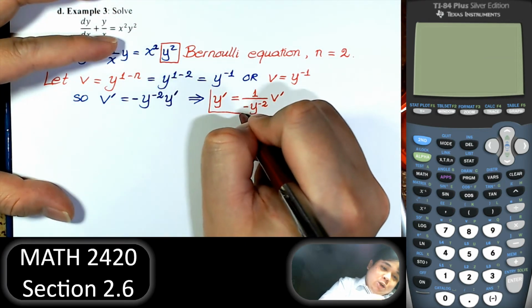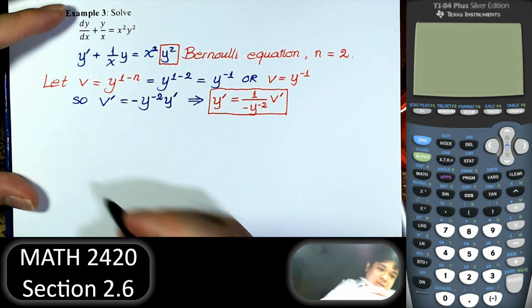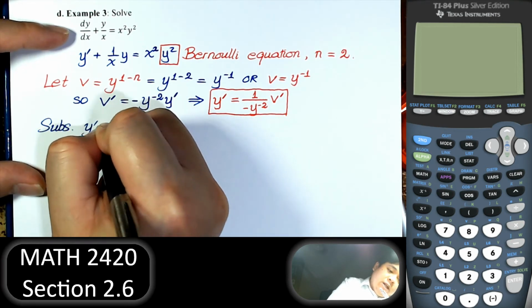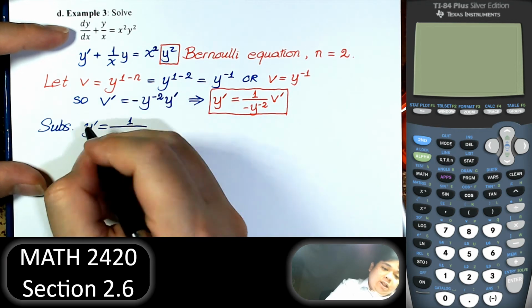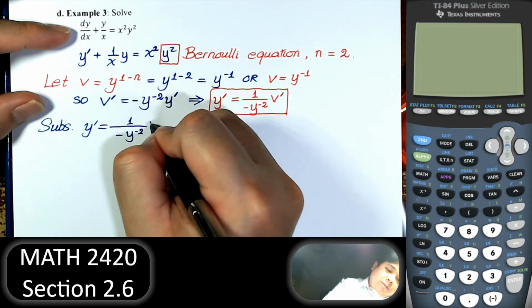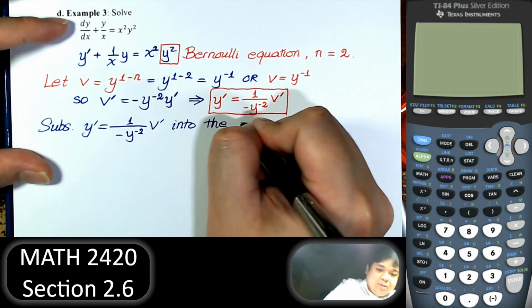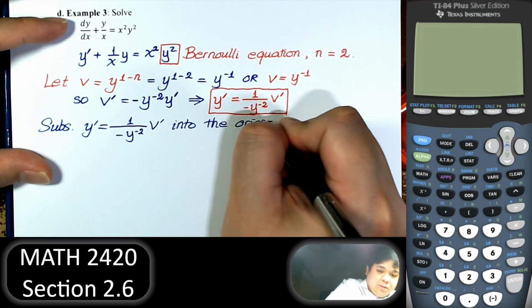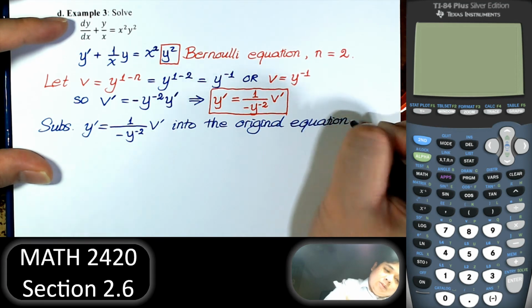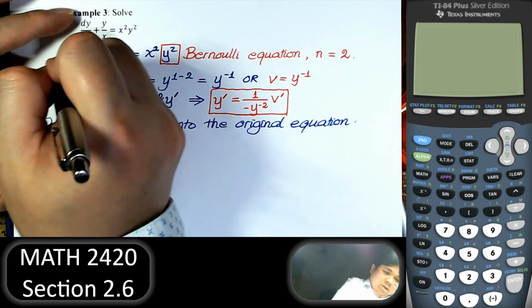So this is the substitution, the only thing that we need to substitute into the original equation. So substitute y prime equal to 1 over negative y to negative 2 times v prime into the original equation. The original equation is going to be this one, actually.